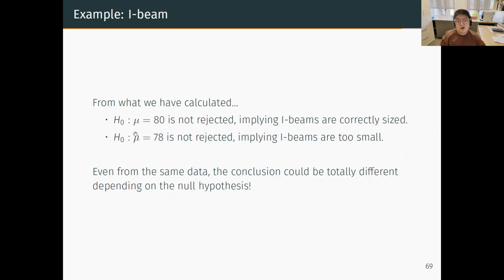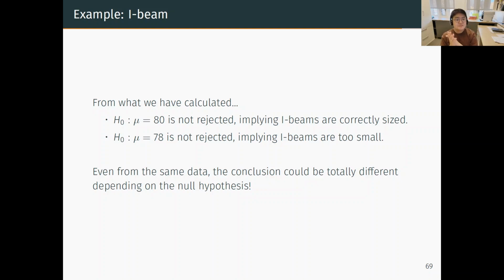The size is wrong, but you cannot reject that. That means your conclusion is that the I-beams are 2 millimeters short. This is pretty interesting and surprising and a weird result, because we are using the same data, but depending on what null hypothesis you use, your conclusion could be totally different, right?